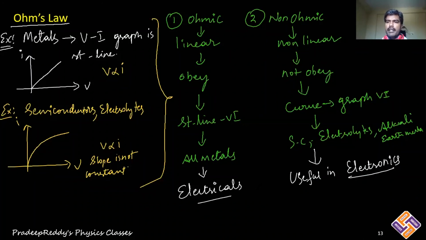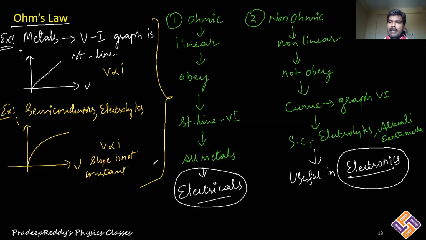Electricals are those made with metals, and electronic devices are those made with semiconductors. Therefore, non-ohmic conductors are usually used in constructing electronic devices. Ohmic conductors are generally used to construct electrical devices: fan, tube light, generally whatever we use in our household consumption comes under electricals.